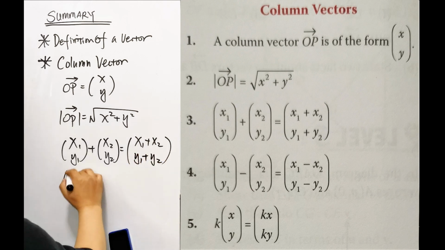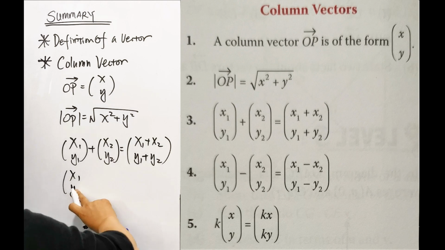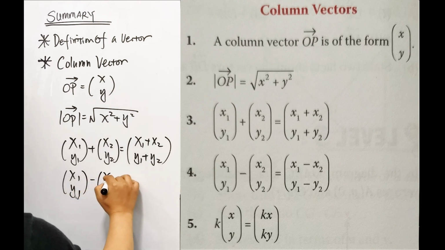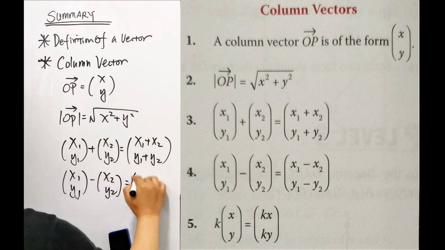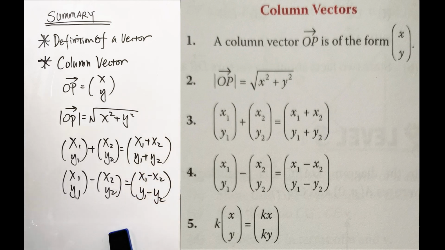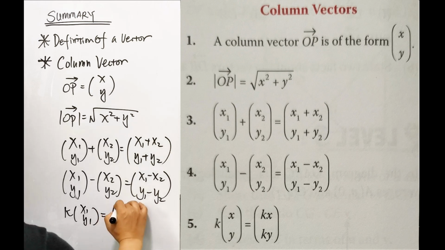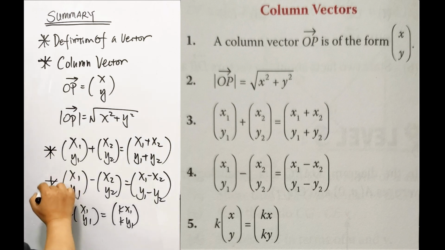If we have a subtraction, subtract the two vectors from each other, we get x1 minus x2 and y1 minus y2, right? This is subtraction. In terms of multiplication, if we have k times x1 and y1, we can write k x1 and k y1, right? So we already know this three, 1, 2, 3, right?